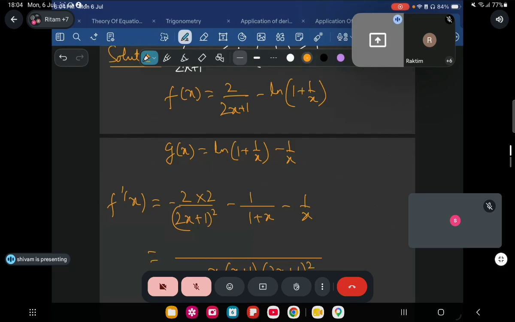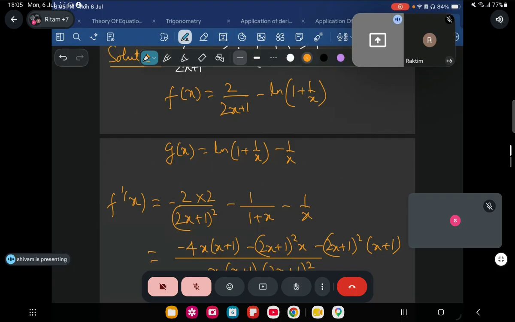As LCM, numerator would be minus 4 into x plus 1 minus 2x plus 1 whole square into x minus 2x plus 1 whole square into x plus 1. Tell me, are you people getting? Yes or no? Raktim, are you getting? Yes, sir. Okay. Next.